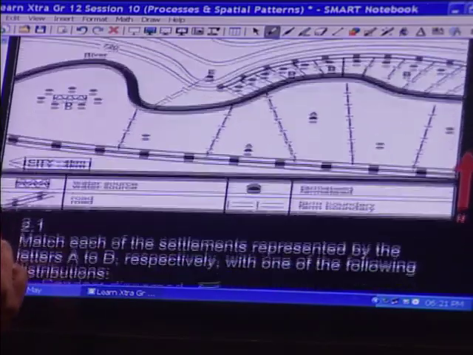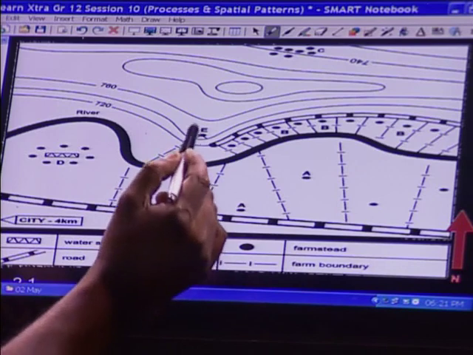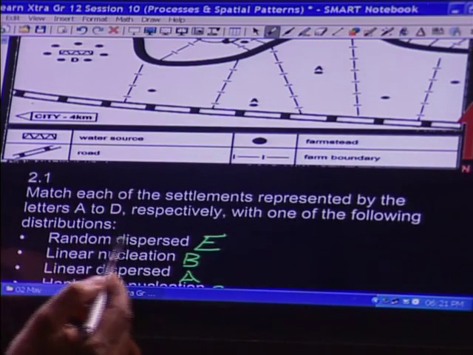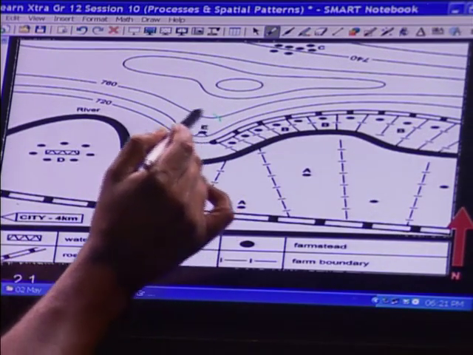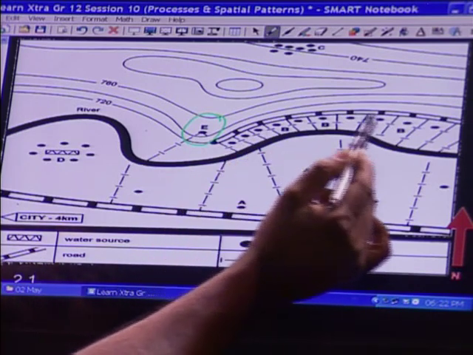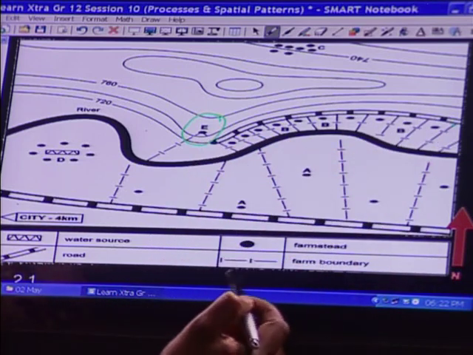So let's go over that again. Settlement E, or a farmstead, which is dispersed from other settlements, is therefore referred to as a random dispersed settlement. You'll note that E generally occurs randomly, whereas settlement B is a linear nucleated settlement which is located along a road.